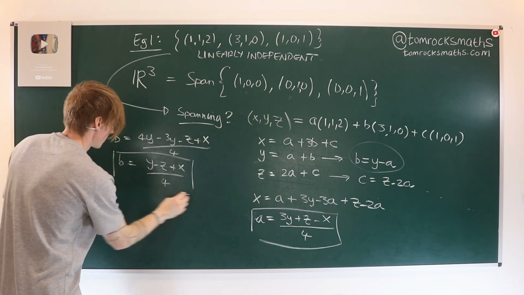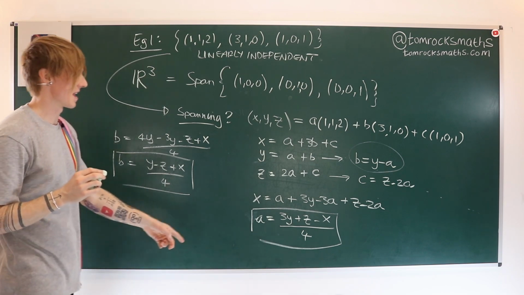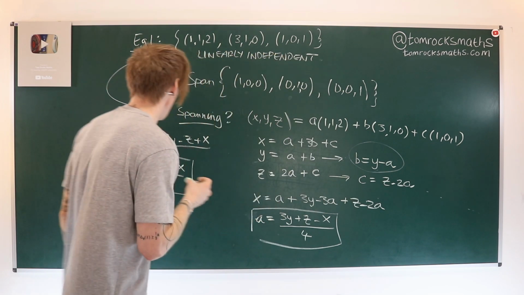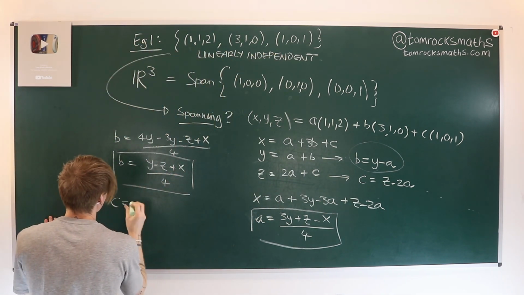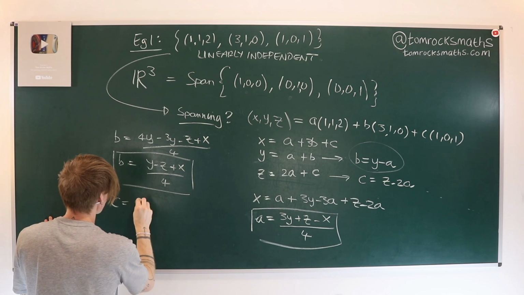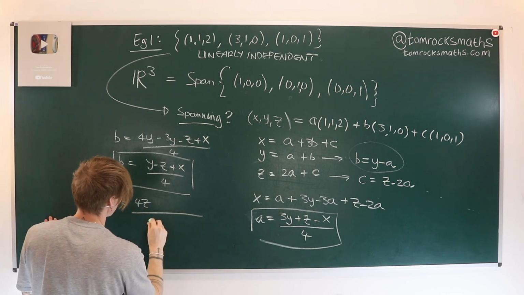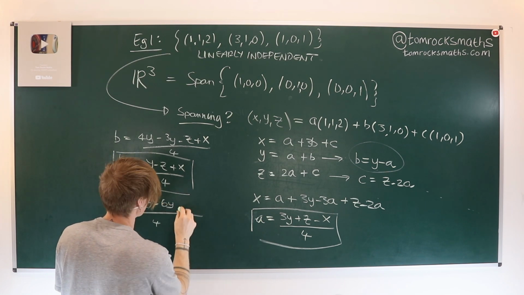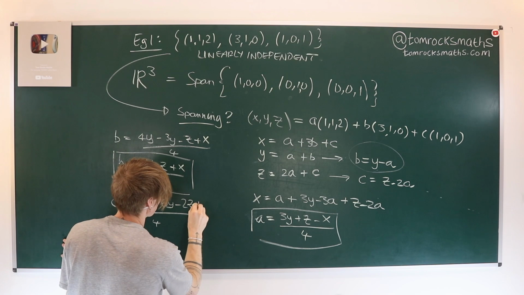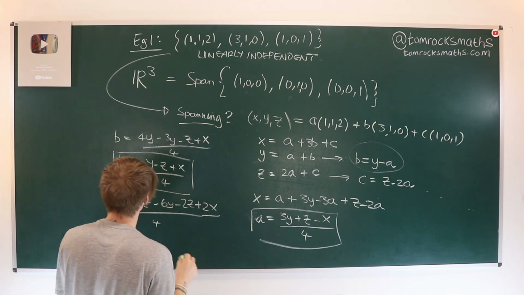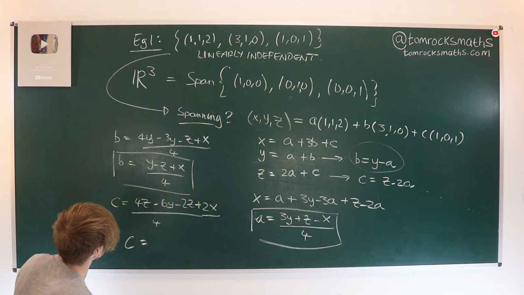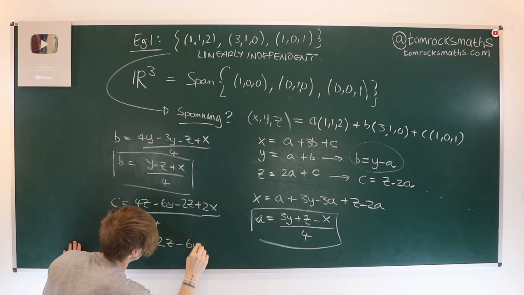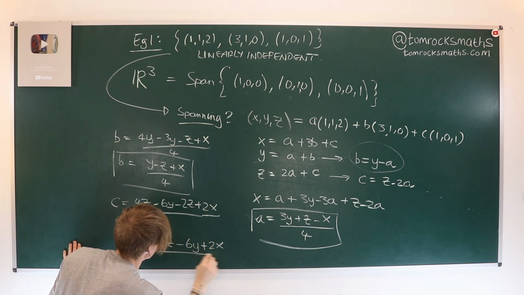So now I've got b, and then finally I can figure out c is equal to z minus 2a. So c is 4z, to put the whole thing over 4, minus 2 lots of this, so minus 6y minus 2z plus 2x. Okay, so that's going to simplify and tell me that c is equal to (2z minus 6y plus 2x) all over 4.